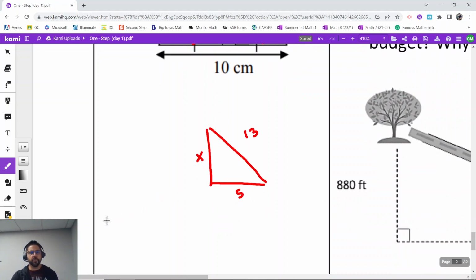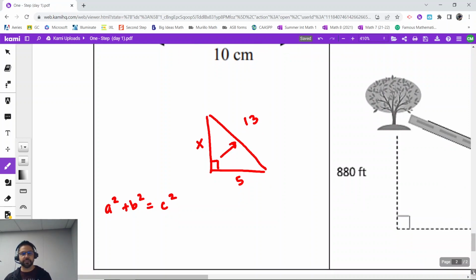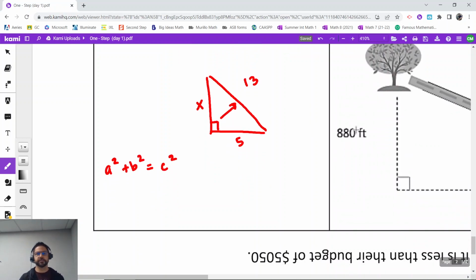So again, you can do your Pythagorean theorem, where this is our 90 degree, our hypotenuse. Man, I'm blanking, sorry.